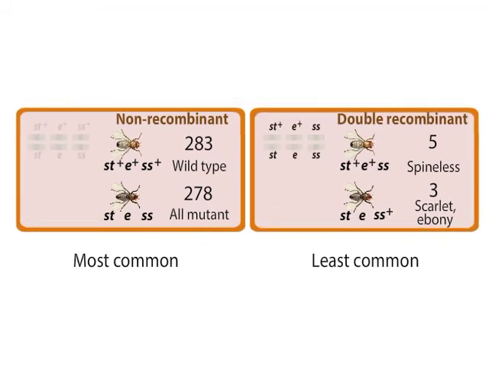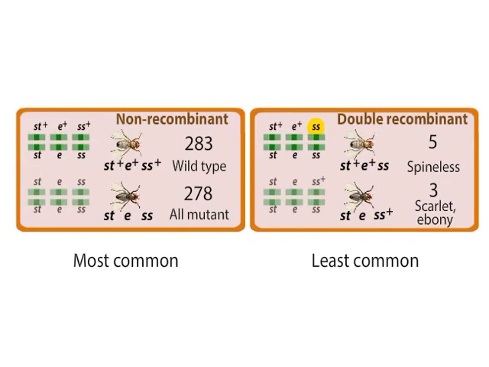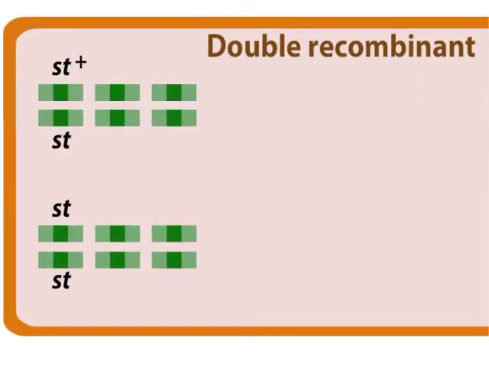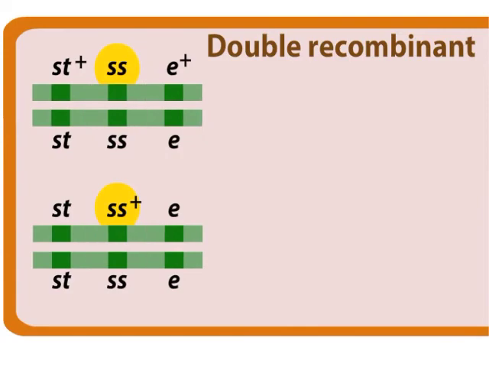Spineless progeny differ from wild-type non-recombinant progeny at a single locus, spineless. Similarly, scarlet-eyed ebony progeny differ from the triple mutant non-recombinants at a single locus, again spineless. Clearly, spineless is the double recombinant locus that maps between the other two mutations.